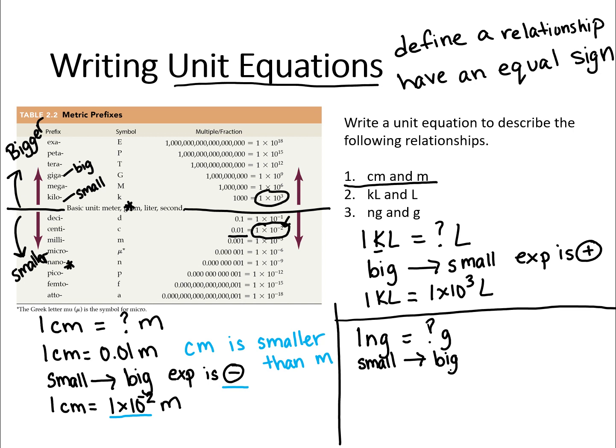We said that our rule is that if we're going from a small unit to a big unit, we're going to have a negative exponent. So we look at the chart just for the number, and then we put in that negative.